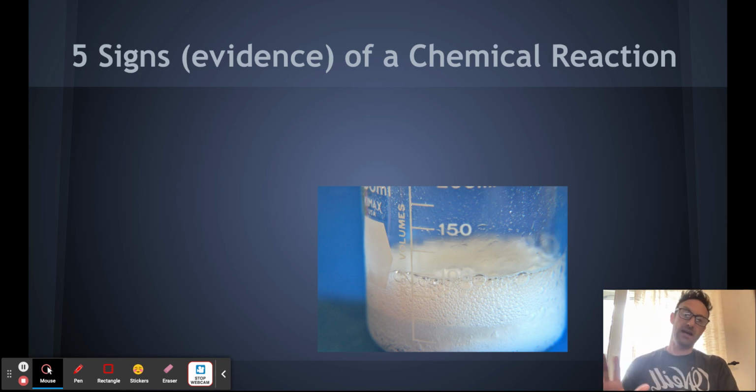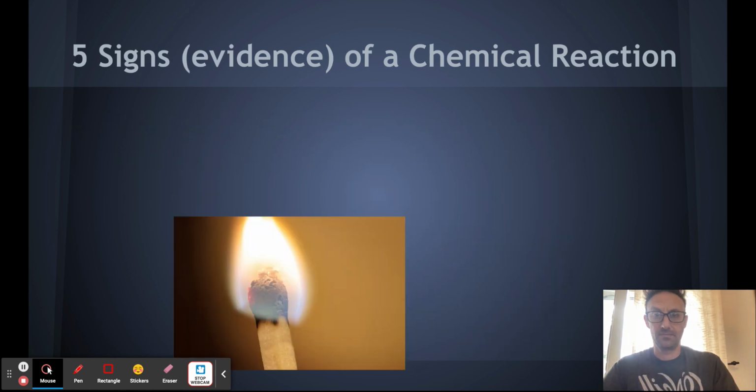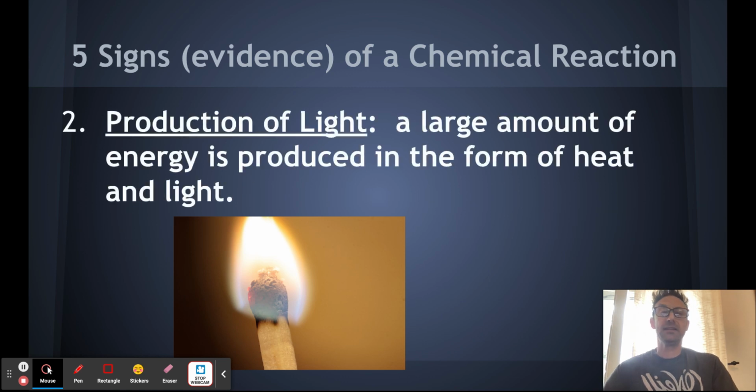There are 5 signs of a chemical reaction, and we'll go through these. First one, a gas. If a gas is formed that wasn't there before, then you've got a chemical reaction. If light has occurred, if you're lighting a match, as we've done in class multiple times, that is a chemical reaction.